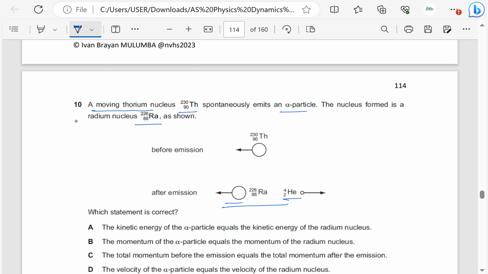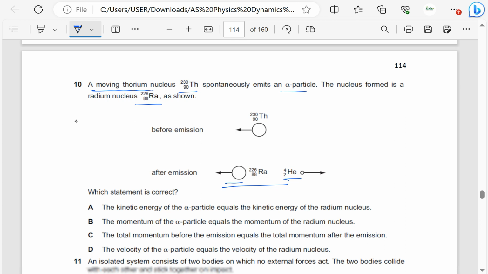Of course, in all collisions, total momentum is always conserved. So, kinetic energy of the alpha particle equals kinetic energy of the radium nucleus.